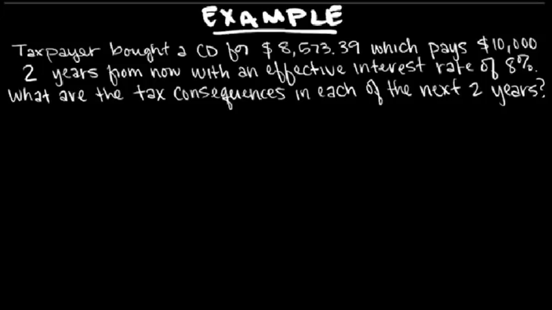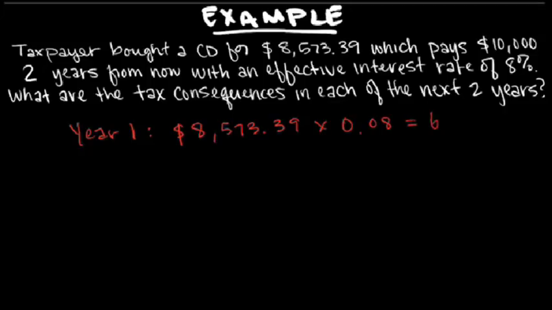In year 1, what we do is we take the amount that he paid for his CD and we multiply that by the 8% interest rate. That leaves him with $685.87.